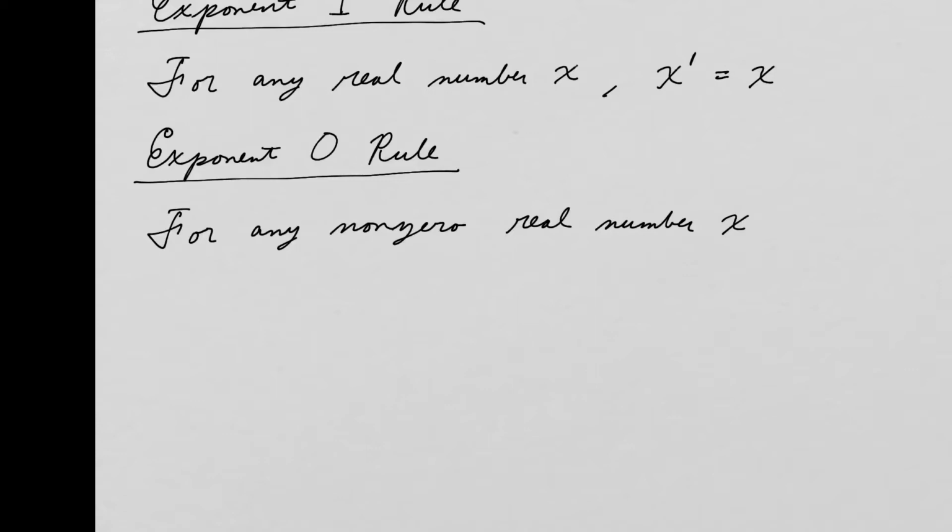X can't be 0, but it can be anything else. If I take that x and I raise it to the 0 power, so if my exponent is a 0 now, that's always by definition equal to 1.